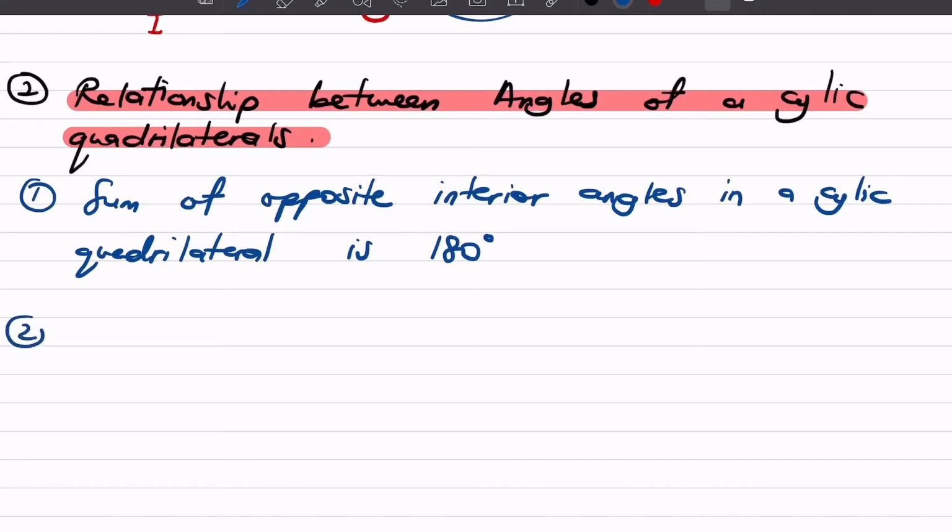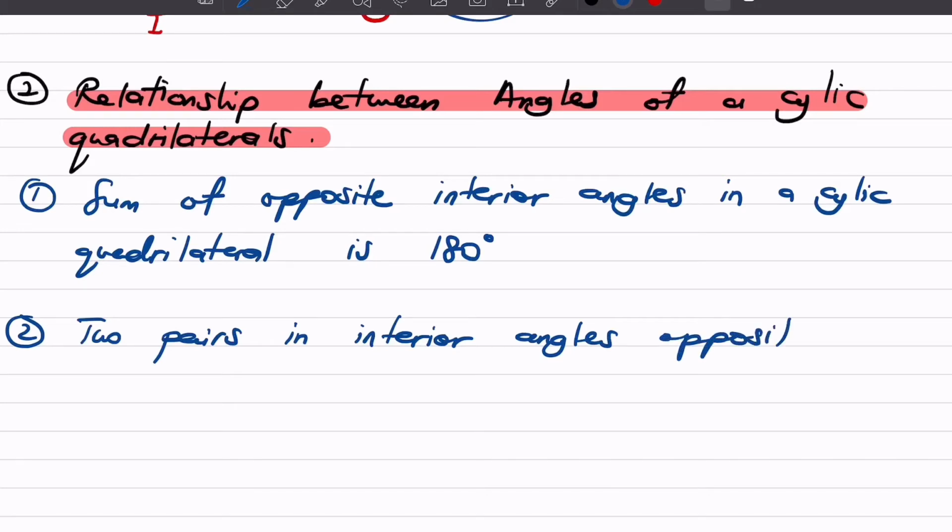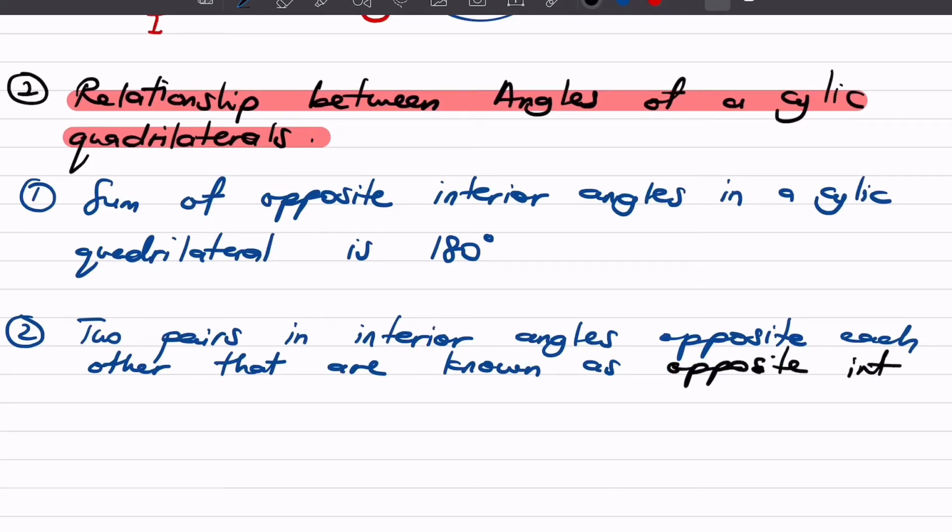So another one is, there are two pairs of interior angles opposite each other that are known as opposite interior angles.